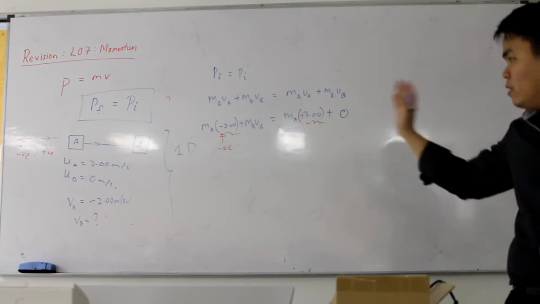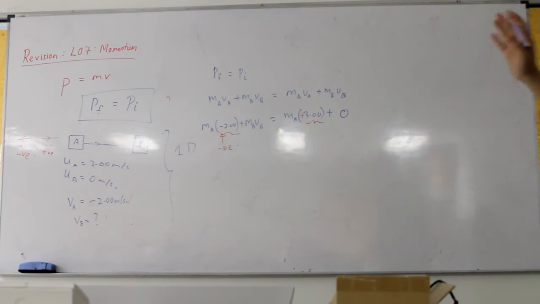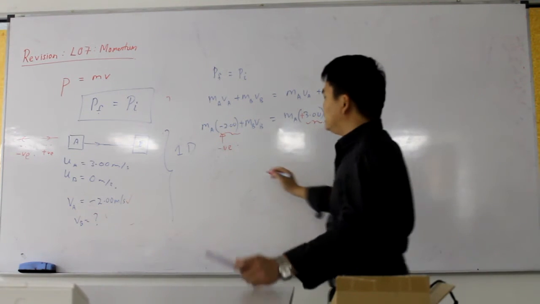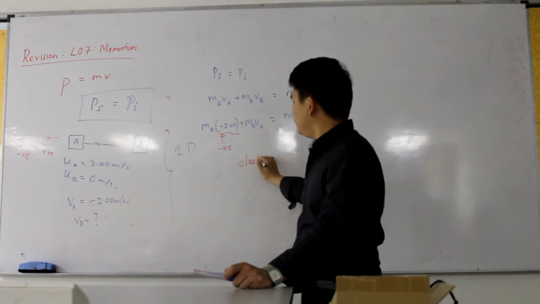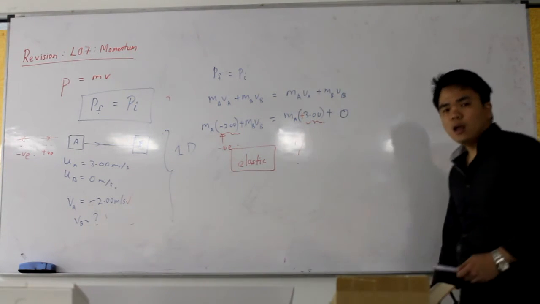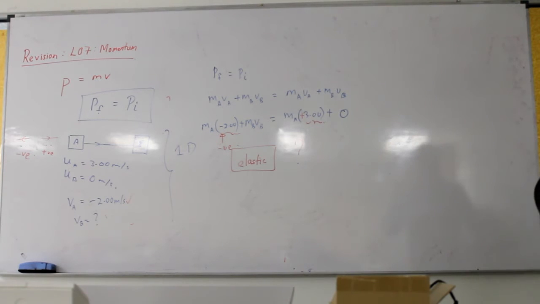And when you solve this kind of equation, you need to think about, is the collision elastic? Basically, no matter what kind of collision, as long as there's no external force involved, we can say that momentum is conserved.